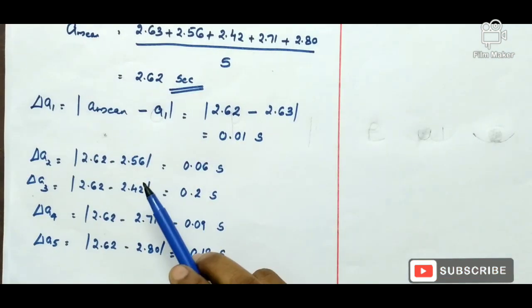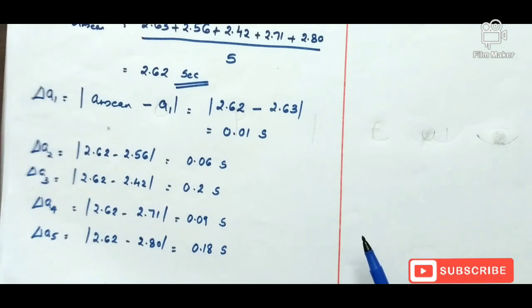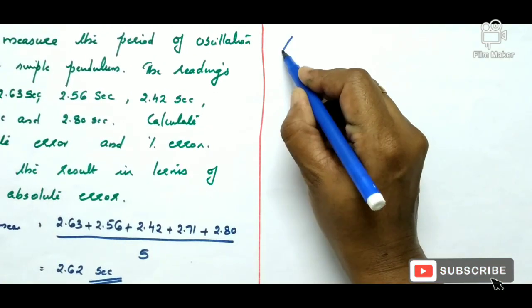Similarly, we can find out the absolute error in each observation. So we got delta A2 equal to 0.06 seconds, delta A3 equal to 0.2 seconds, delta A4 equal to 0.09 seconds, delta A5 equal to 0.18 seconds. Now we can find out the mean absolute error, delta A mean.